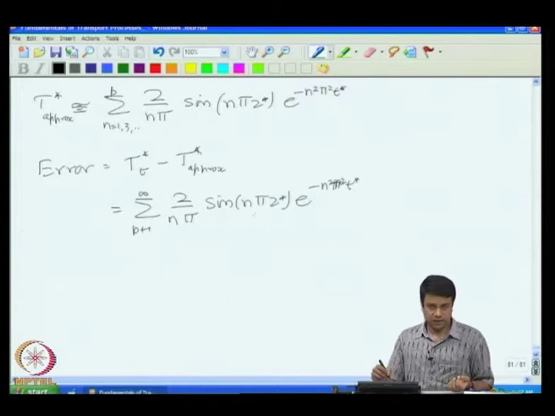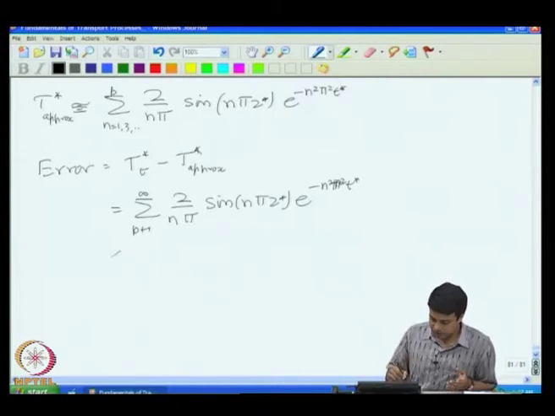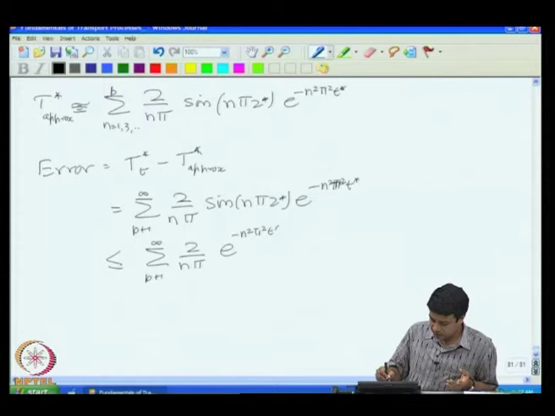Now, we do not know exactly what the sine function is, it is of course bounded, but we know that this has to be less than or equal to the summation from p plus 1 to infinity of 2 by n pi times e power minus n square pi square t.